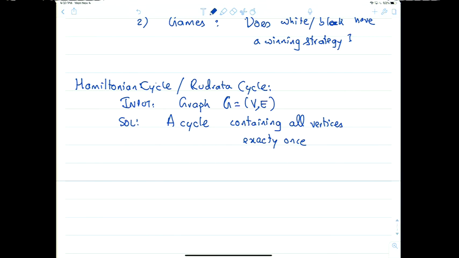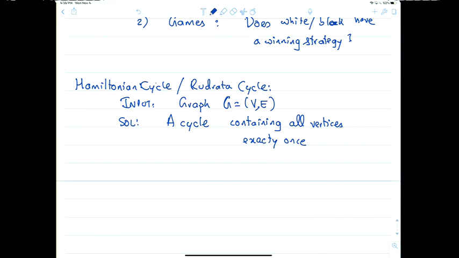What do you need to check? You need to check that the cycle goes through every vertex exactly once, and all the edges used in the cycle are in the graph, right? And both of these you can do in linear time. You just go over all the vertices and go over all the edges of the cycle, and you're done. So it's nearly a linear time algorithm to check the answer. So that's why this problem is in NP.